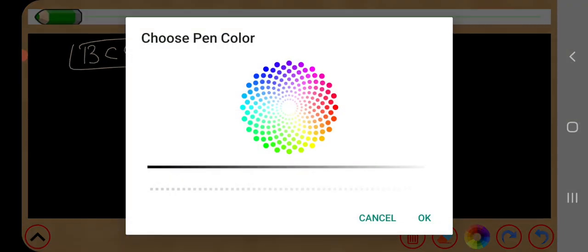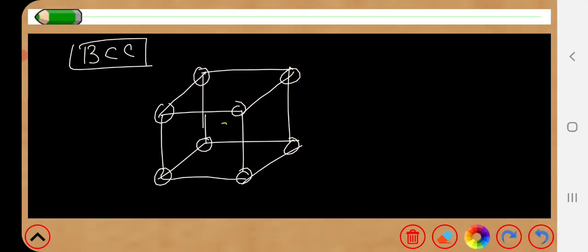But the main difference is that at the center or middle of this unit cell there is another atom. So similarly, if we give some names, let's say this is A, B, C, D, and E, F, G, and H, and the central atom is I atom.